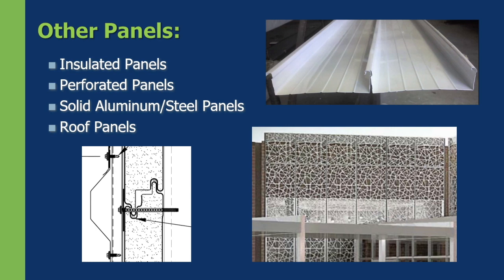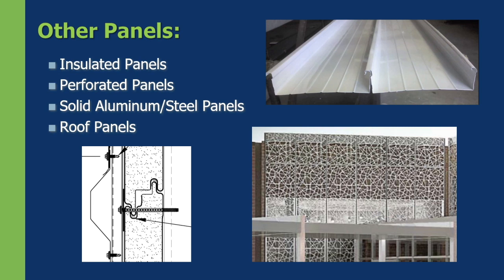So there are other types of panels besides ACM panels that we see, from insulated panels to perforated metal panels, maybe not as extreme as what is being shown, but maybe panels that have a hole pattern or a diamond pattern or whatnot cut into them. We have the tools at JEI to look at the stress and deflection of these panels.